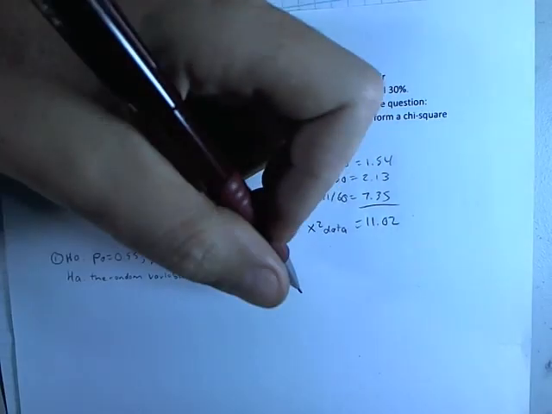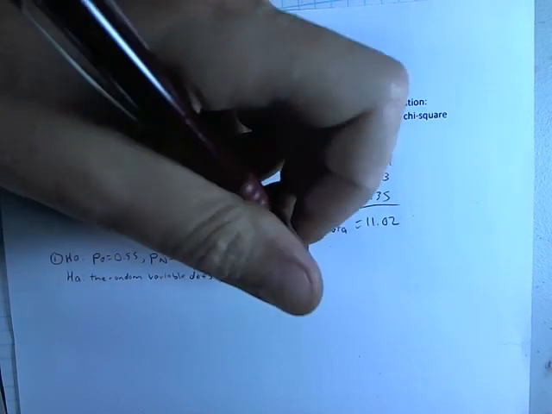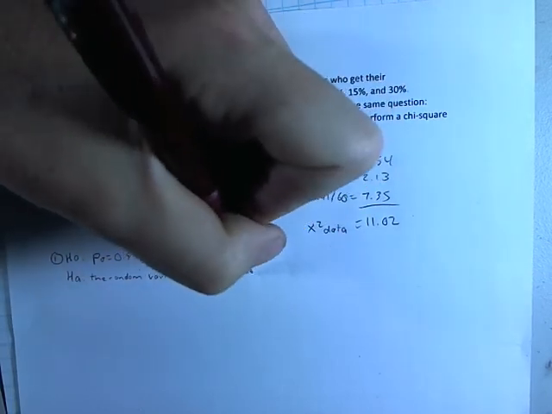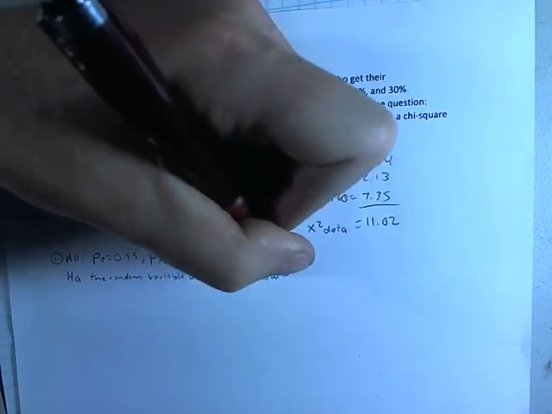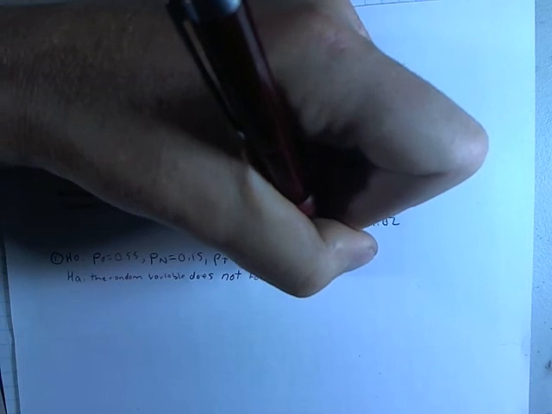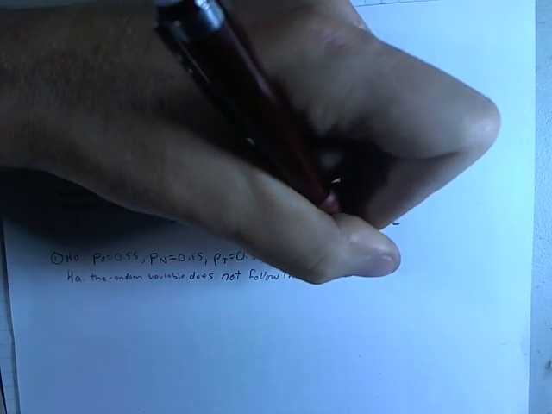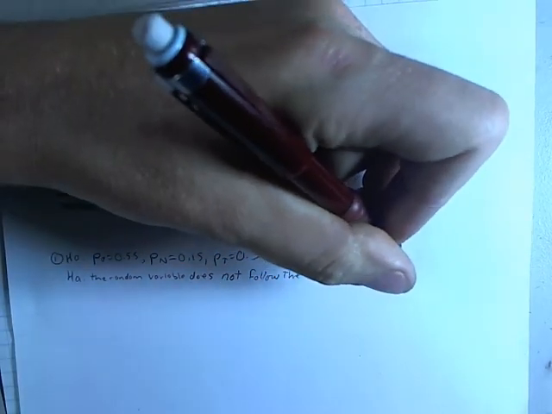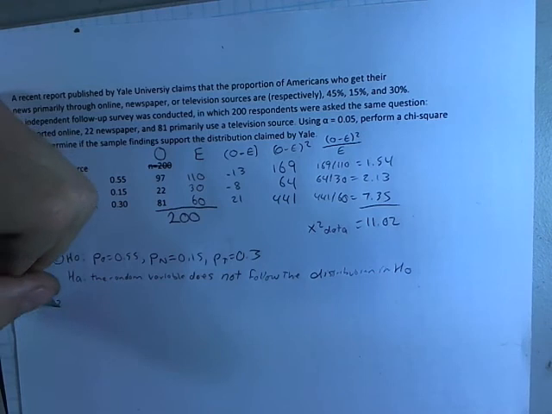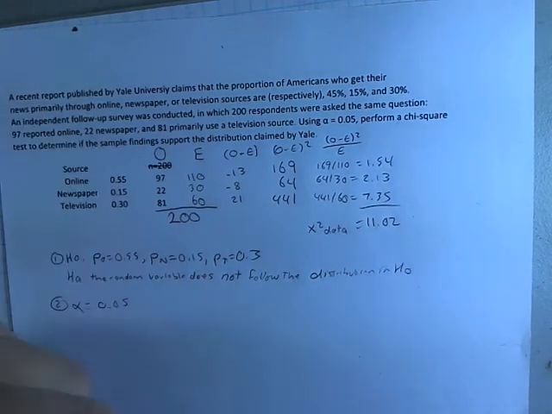And for the alternate hypothesis, we're going to flip that around and say that the random variable does not follow the distribution in the null hypothesis. Alright, good. Alpha is 5%, we're given.